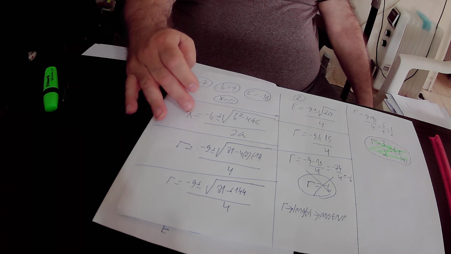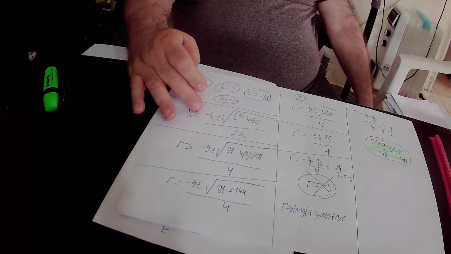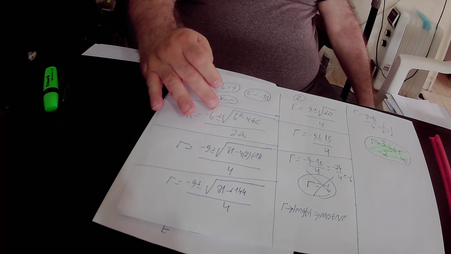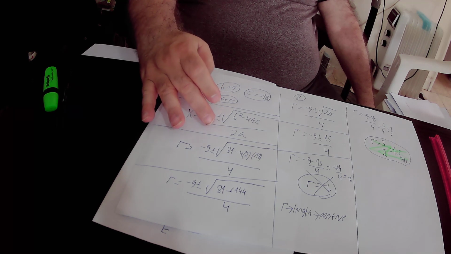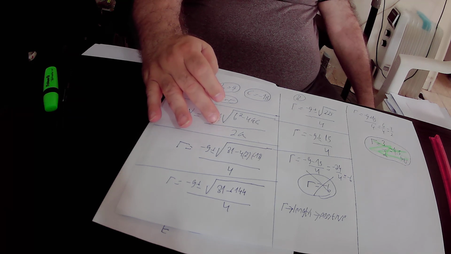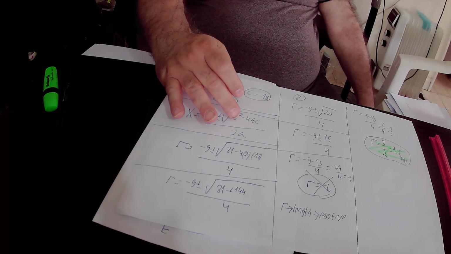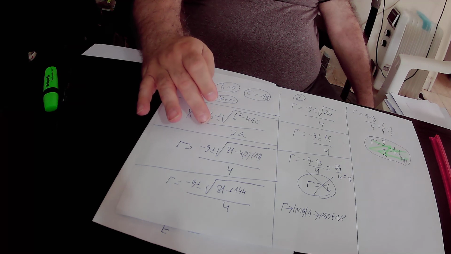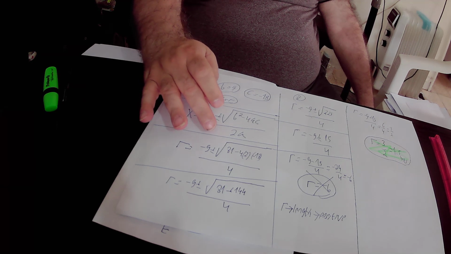So r equals minus b, and b equals 9, so minus b is minus 9, plus or minus the square root of b squared. B equals 9, so 9 squared is 81. Minus 4 times a times c, where a is 2 and c is minus 18, all divided by 2a. A is 2, so 2 times 2 is 4.